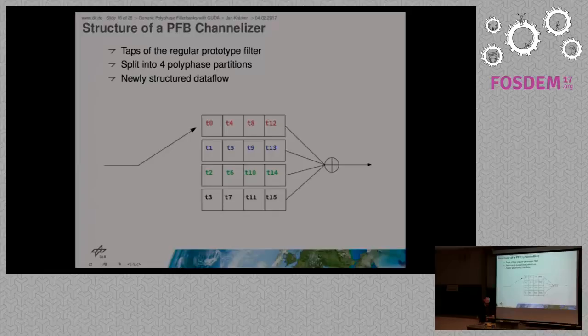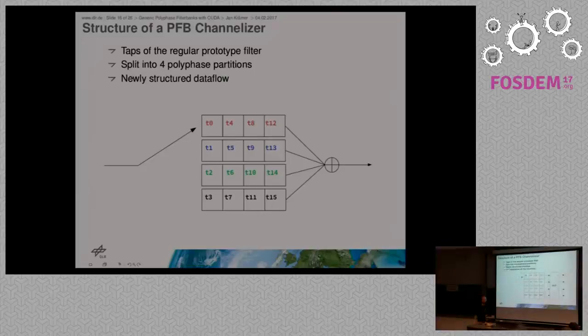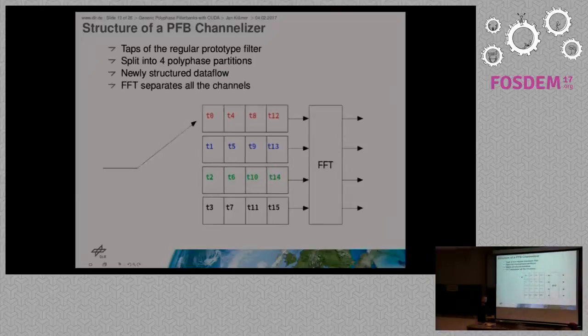In the end, everything gets added together, and then you have your resampling filter already. So if you want to now extract a channel, you basically have to know where your channel is, and then down convert the channel by applying a multiplication with a complex wave. If you do an FFT after your filtering, you get all the channels at once, and basically you do just one filtering, do one FFT, and get all channels that you want.